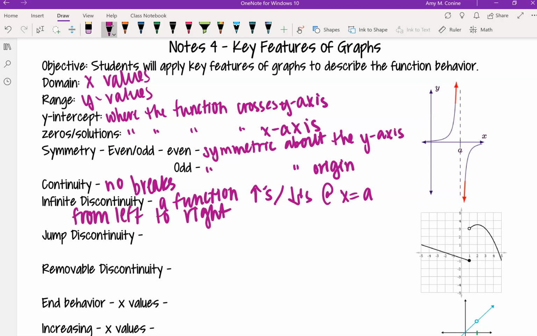So that's really this first picture here, okay? If you have basically a rational function, you have an asymptote. That's what that's talking about.